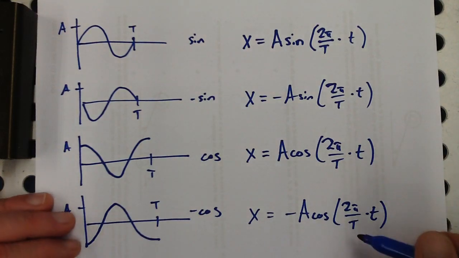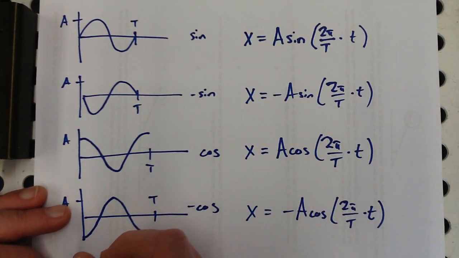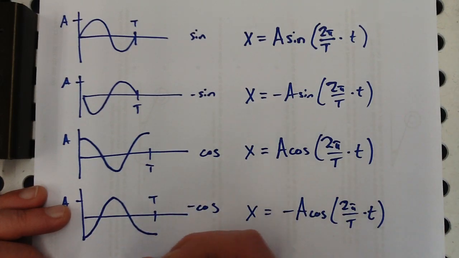It's also important to know that if you're given the equation, whether it's position or velocity, doesn't matter, like position is equal to a cosine, and then there's just some number here.